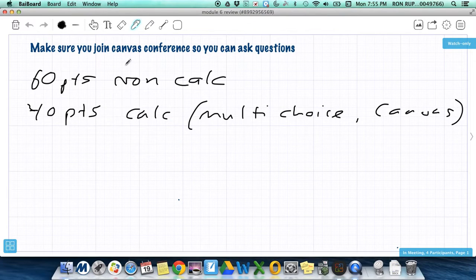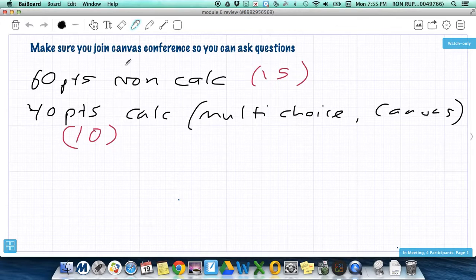That being said, some of the questions have multiple parts, but there's 15 questions on the non-calculator portion and 10 questions on the calculator portion.